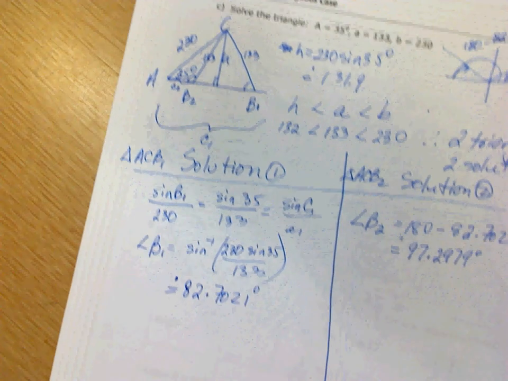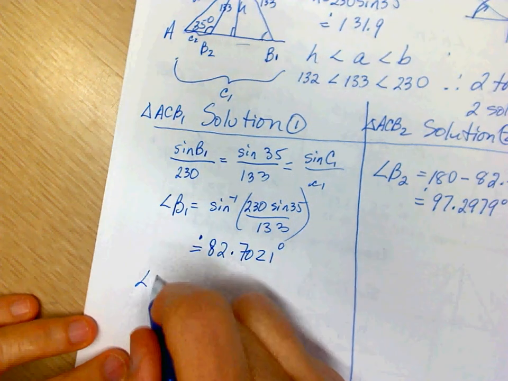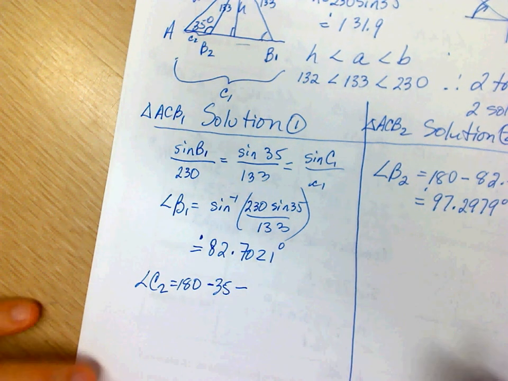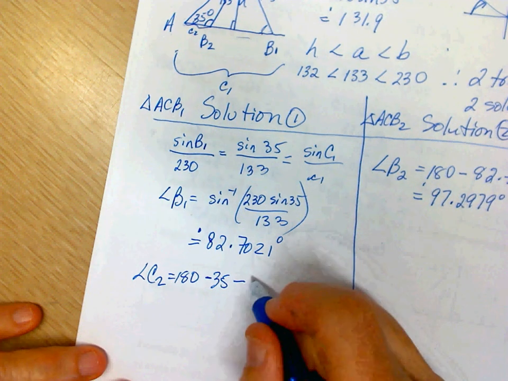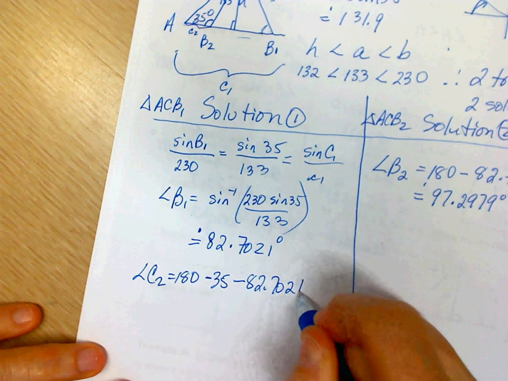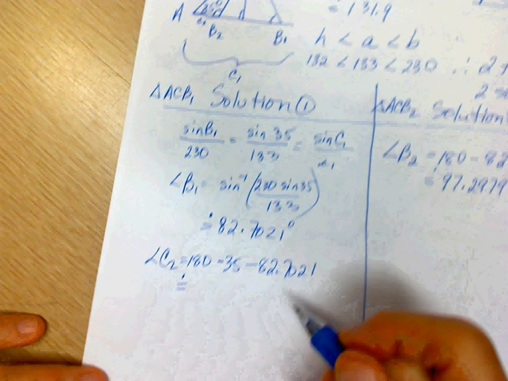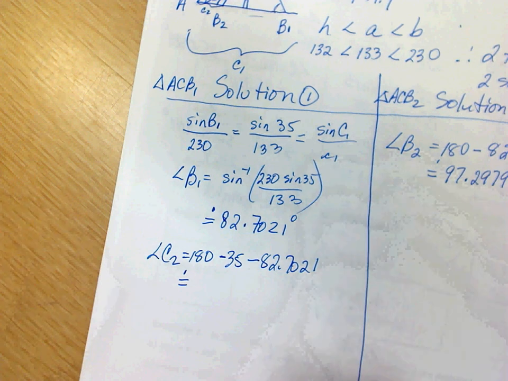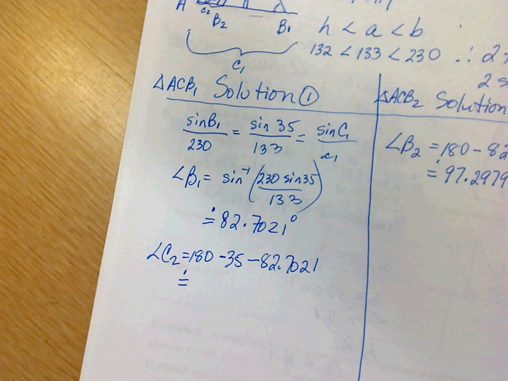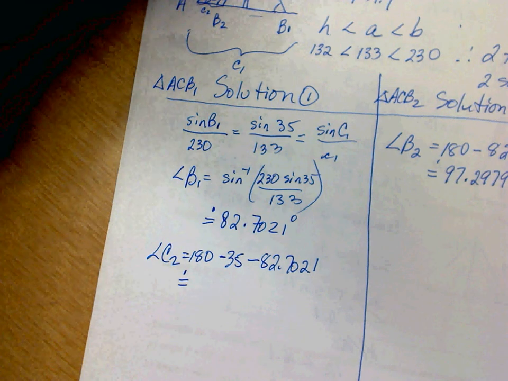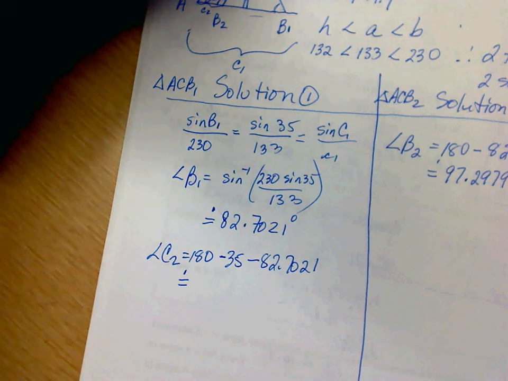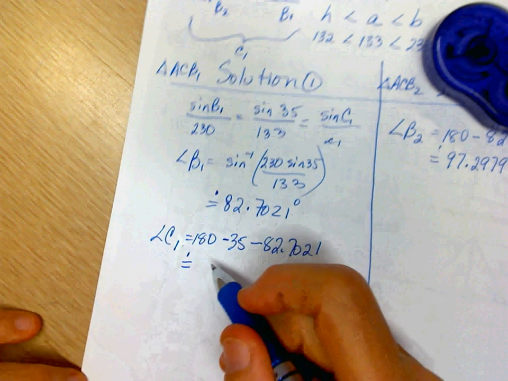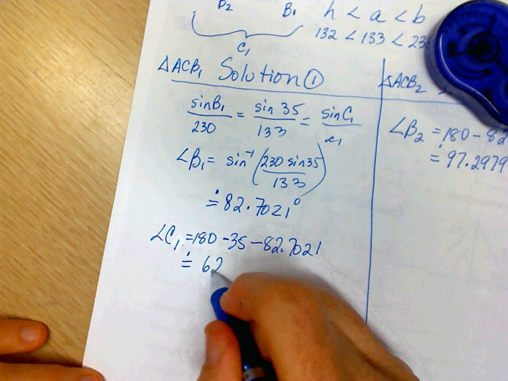Okay. Angle C1 equals 180 minus 35, using the angle sum theorem, minus 82.7021. What am I saying? That should be C1, right? That's my bad. We're in triangle solution 1. This is approximately equal to 62.2979.